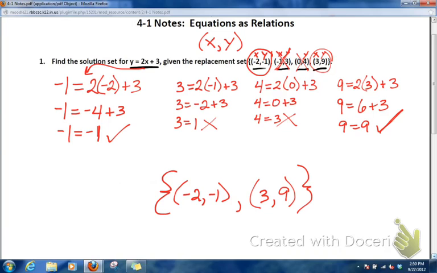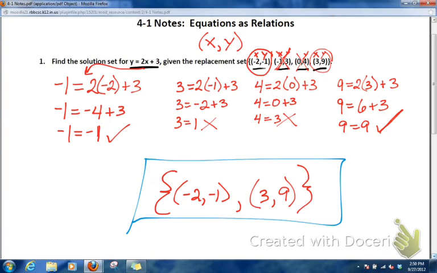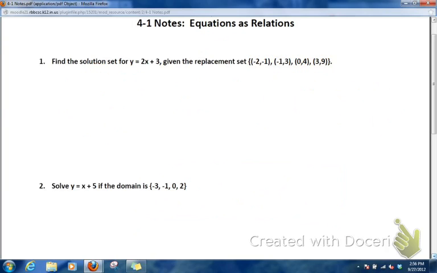So here we have the solution set given the replacement set that they showed us. Alright, very good.